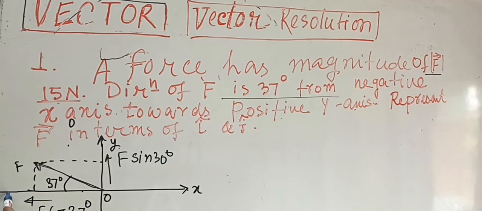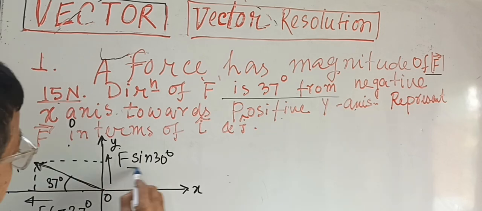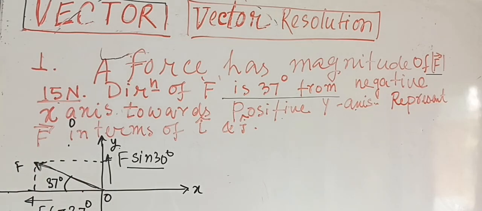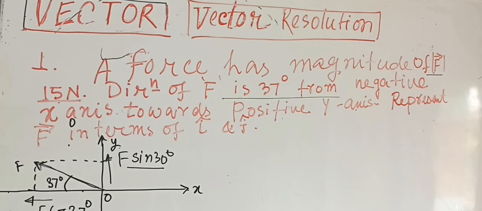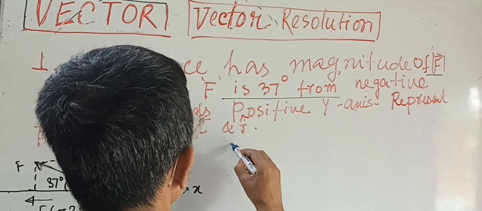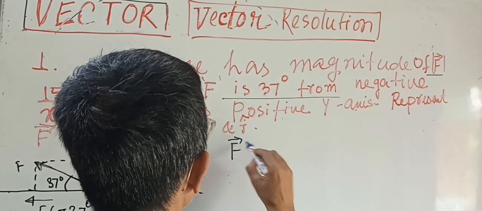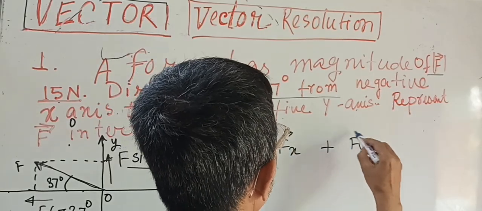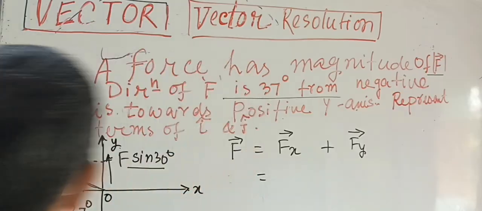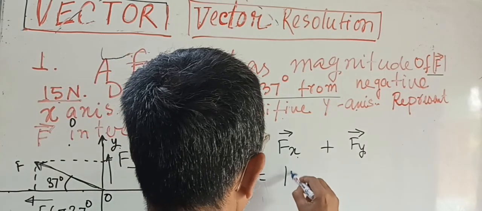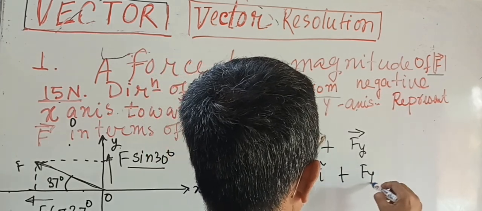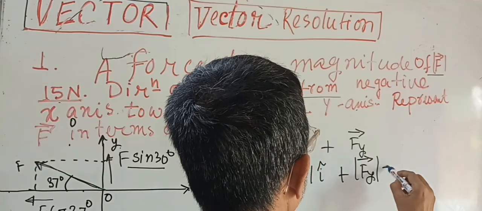F cos 37 is directed along negative x-axis and F sin 37 is directed along positive y-axis. Right. Now this F, as we have learned from the theory, is nothing but Fx along the x component, Fy along the y component. Right. Now this is mod of Fx i cap plus mod of Fy j cap.